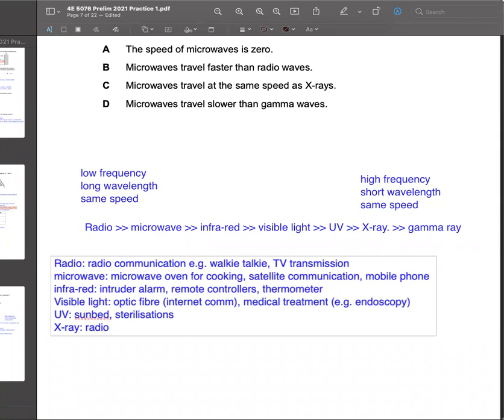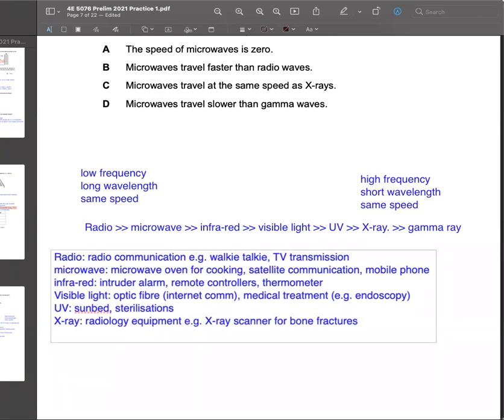Radiological equipment such as X-ray scanners, for bone fractures and cancer.